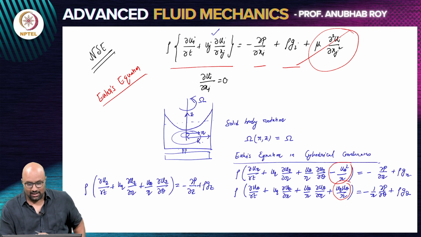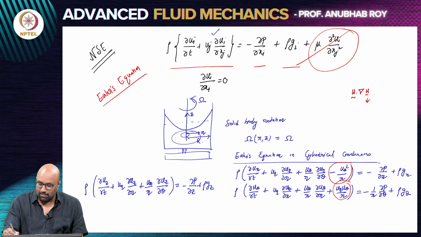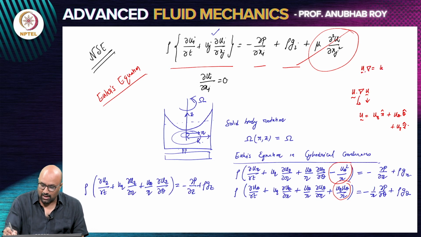This obviously has got to do with the fact that when you write your u dot del u, you have to remember that u here is u r r hat, u theta theta hat, u z z hat. So when you have u dot del acting on it, u dot del would be u r dou dou r, u theta by r dou dou theta, u z dou dou z.